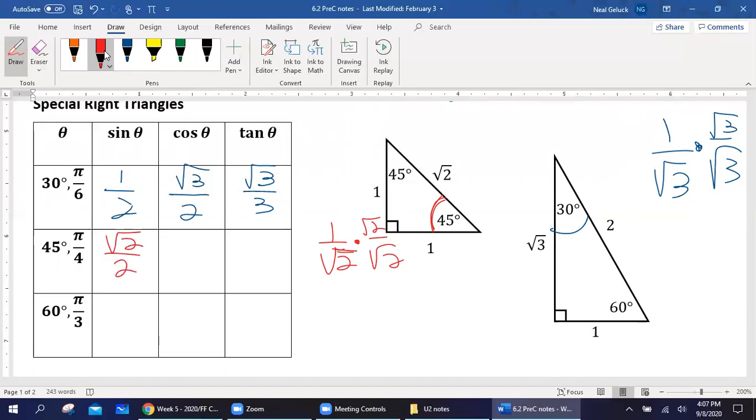And again, I'm rationalizing it because we usually see it rationalized. The cosine for the 45, the adjacent over the hypotenuse, would be the same thing, root 2 over 2. The tangent on the 45 is even easier. From the 45, opposite over adjacent, well, that's 1 over 1. So it's just 1.